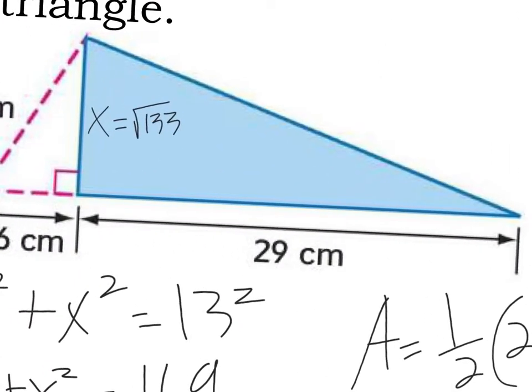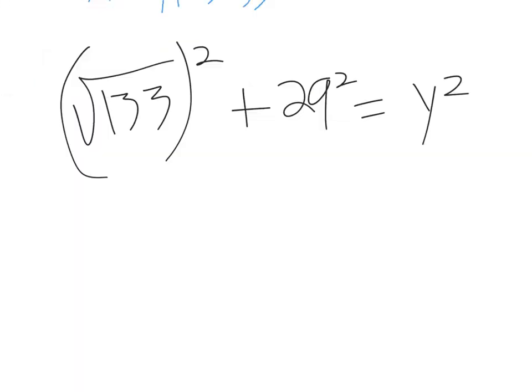So now we just need to find our perimeter. So I'm going to call this side y, and we're going to do the Pythagorean Theorem again. We're going to go the square root of 133 squared plus 29 squared equals y squared, because y is our hypotenuse. It's opposite of that right angle. So the nice thing about leaving it as the square root of 133 rather than rounding it is you get an exact answer when you square it.